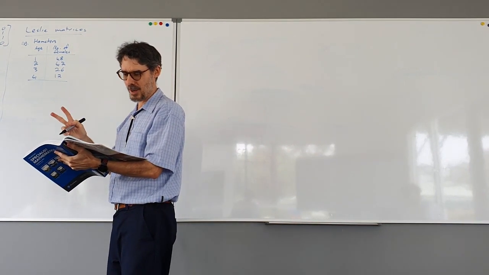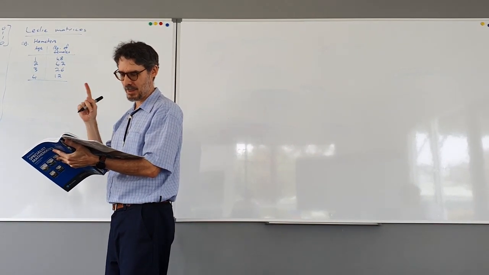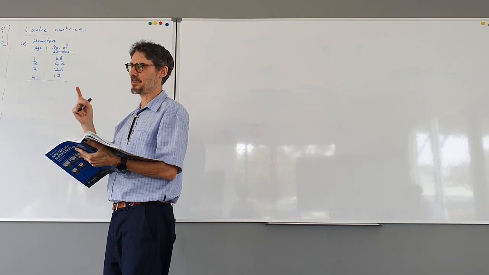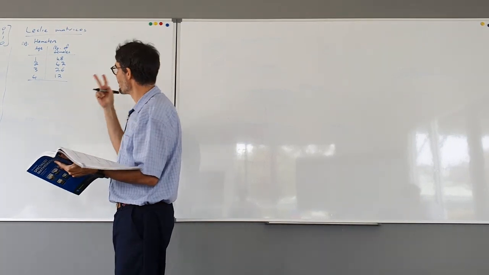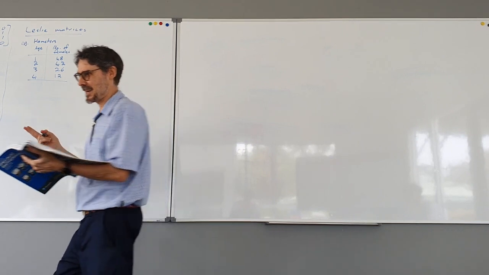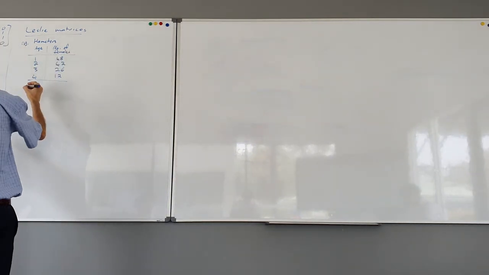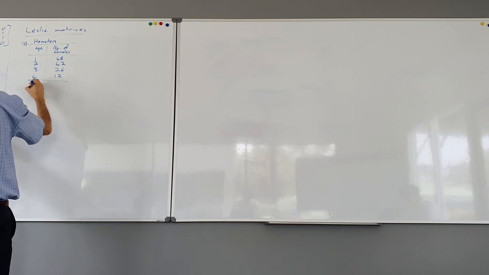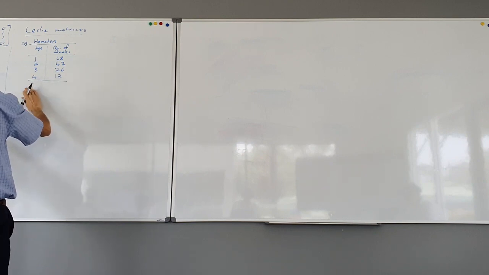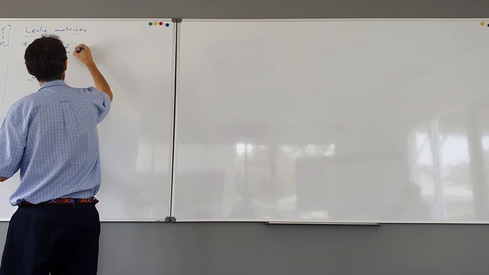We need two more kinds of information. We need survival rate and fertility rate, which for Leslie matrices is called fecundity rate. So that name's about to come up. Let's talk about survival rate.